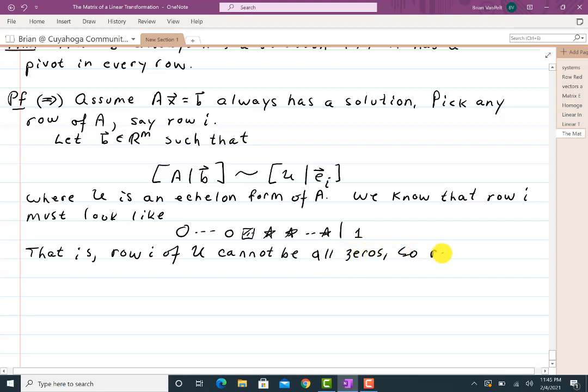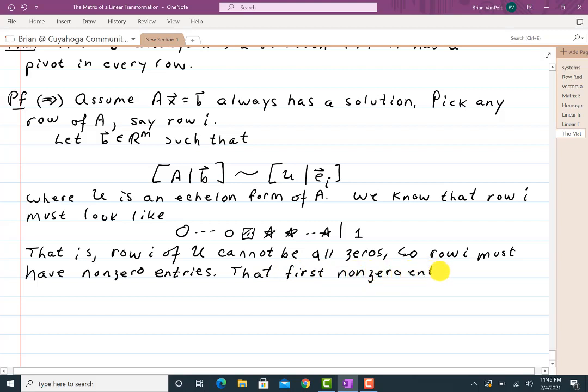So row I must have non-zero entries. That first non-zero entry is a pivot.